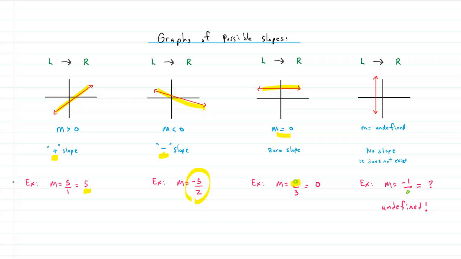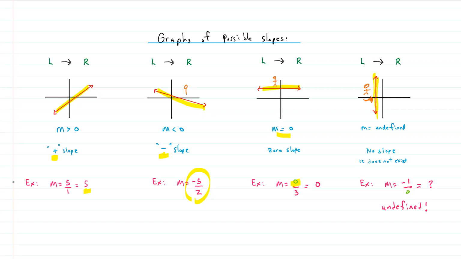And the last one is the undefined option. So think of the person walking left to right and he can't get through the wall, right? Moving left to right, he can't rock climb. But he can totally walk straight.